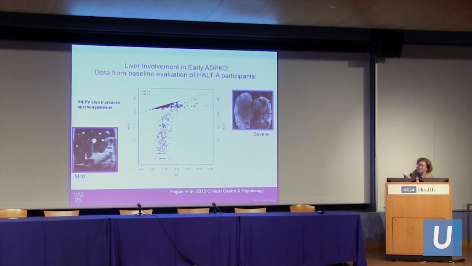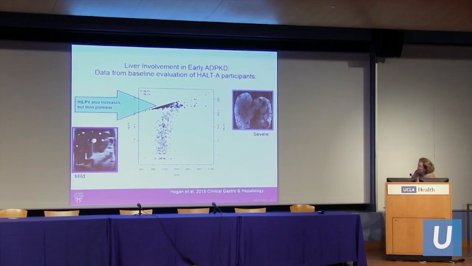Nonetheless, what we found in this study was that the hepatocytes are also involved in this disease and are probably hypertrophied, and that was not known before. So the liver parenchymal volume also increases, but in this baseline group of patients at the baseline MRI in the study, the parenchymal volume plateaued because of crowding of cysts.